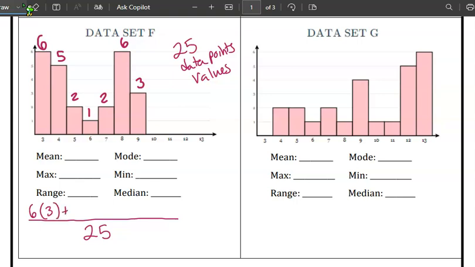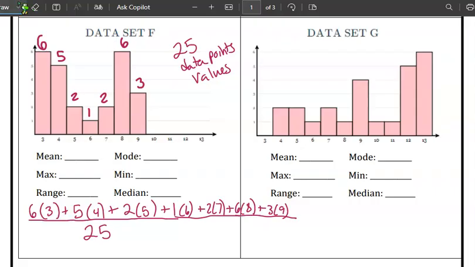So it'd be 6 times 3 plus 5 times 4 plus 2 times 5 plus 1 times 6 plus 2 times 7 plus 6 times 8 and then plus 3 times 9. That would give us 143 divided by 25. And that would give us 5.72.